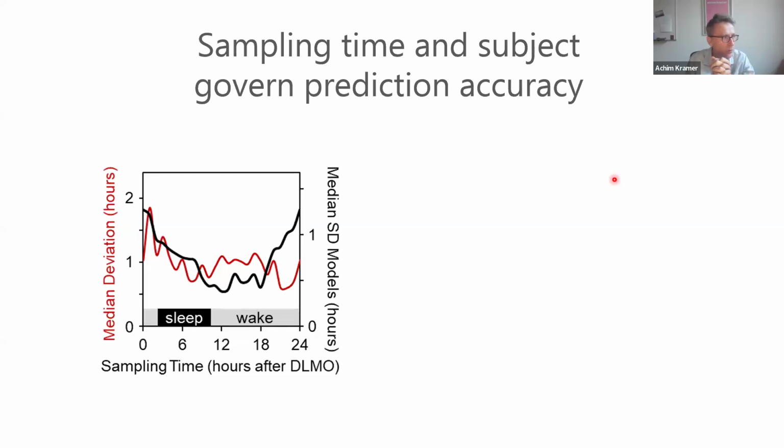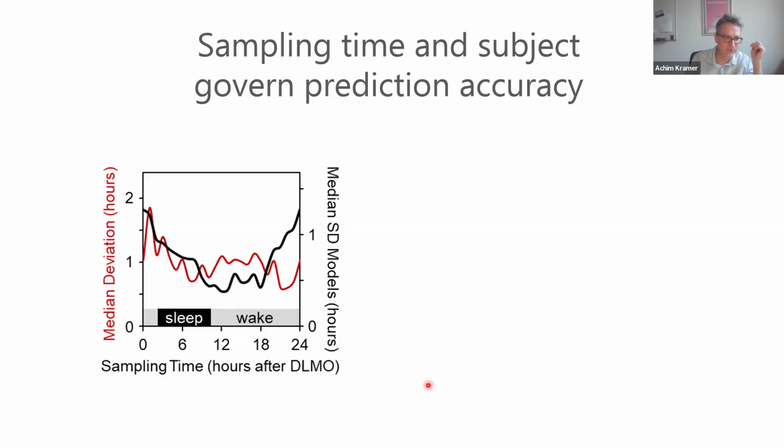So we were asking, what is the reason? Why is the standard deviation sometimes so high? One prediction was maybe it depends on the time of sampling, or it depends on the particular person, because remember we had 13 persons.